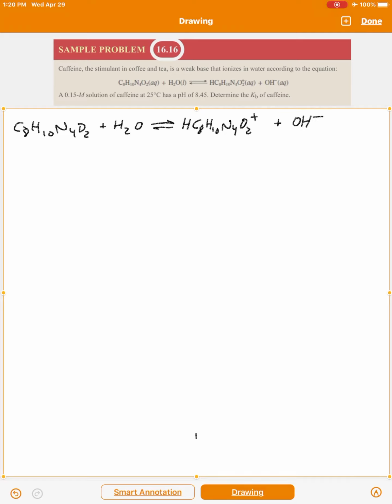Now they give us the pH value. They also give us the initial concentration of caffeine, 0.15 molar.